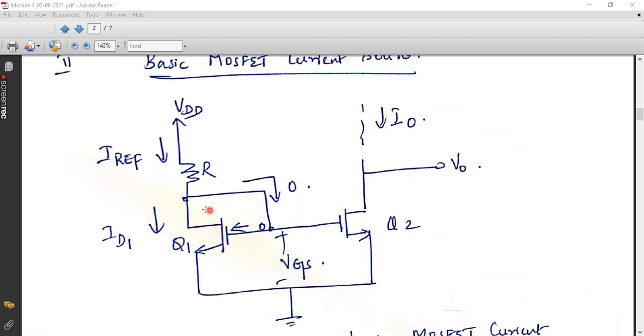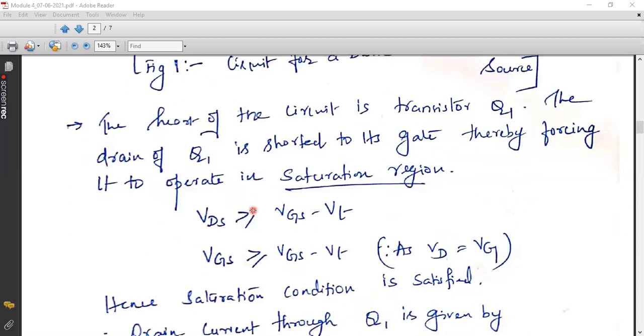Now, in order to maintain Q1 in the saturation region, you have to short circuit the drain and gate terminals of Q1. Now, you know that the condition of saturation is VDS greater than or equal to VGS minus VT.